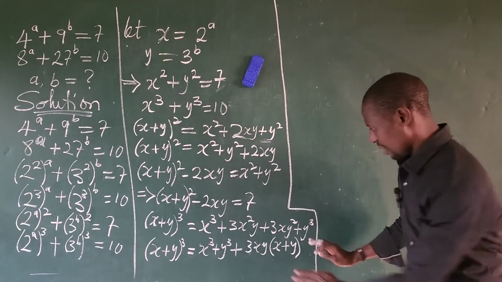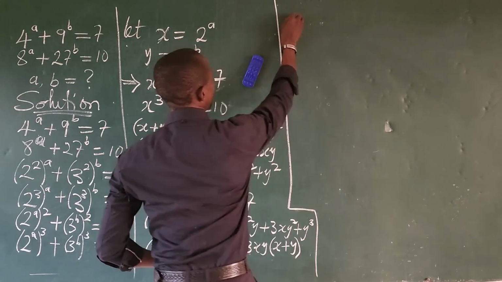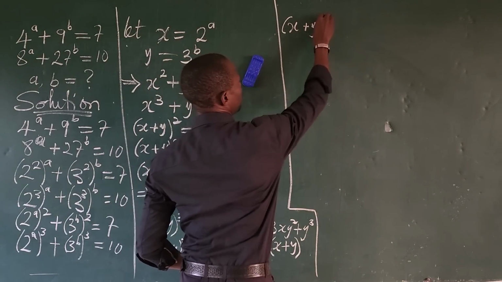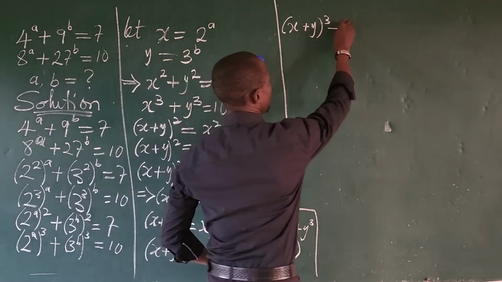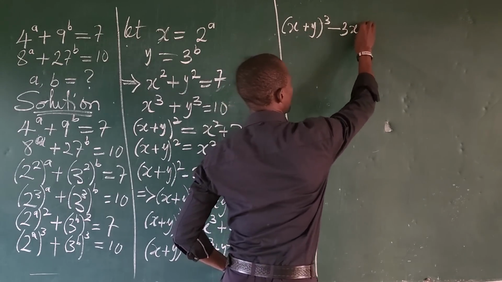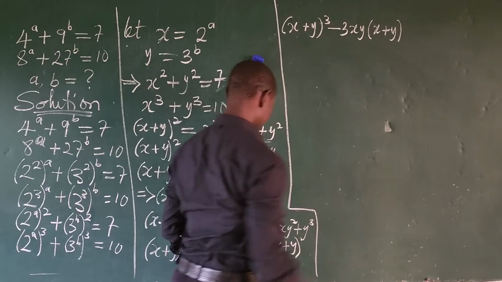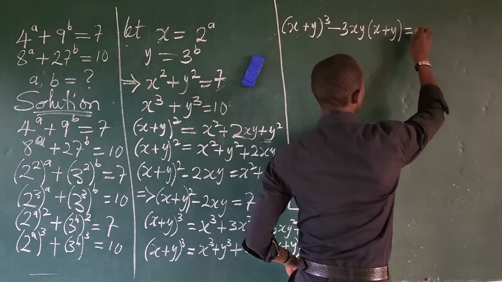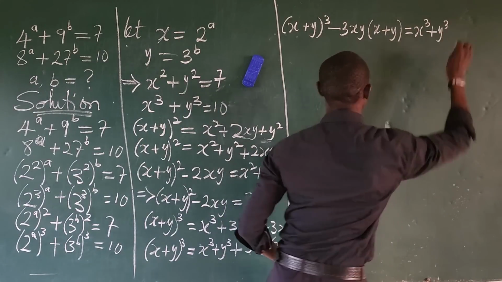Okay, now from here, again, let's continue on this side. I want to move this expression down to this other side. So we are now going to have (x + y) all to the power of 3 minus everything here, so we have 3xy bracket (x + y) close bracket equal to what is left here, which is x to the power of 3 plus y to the power of 3.